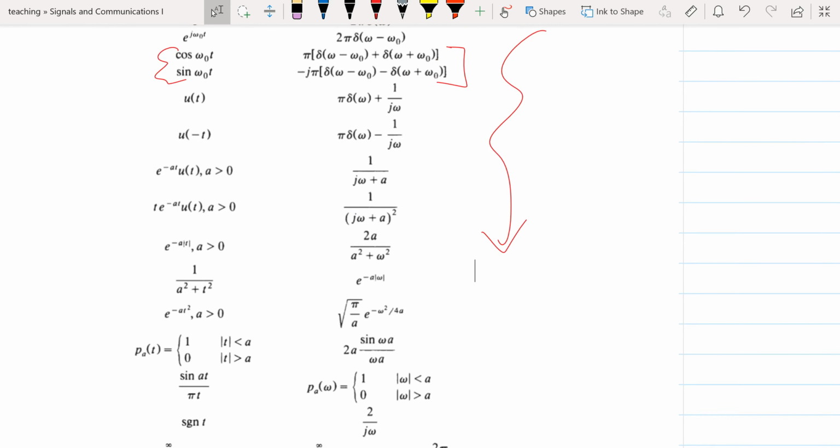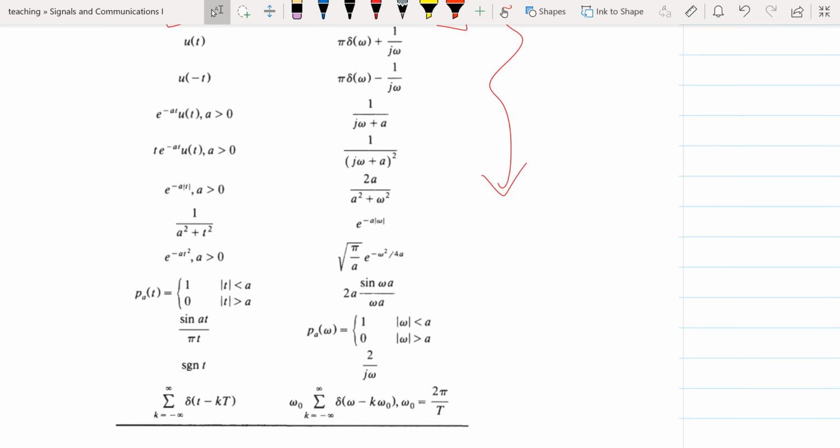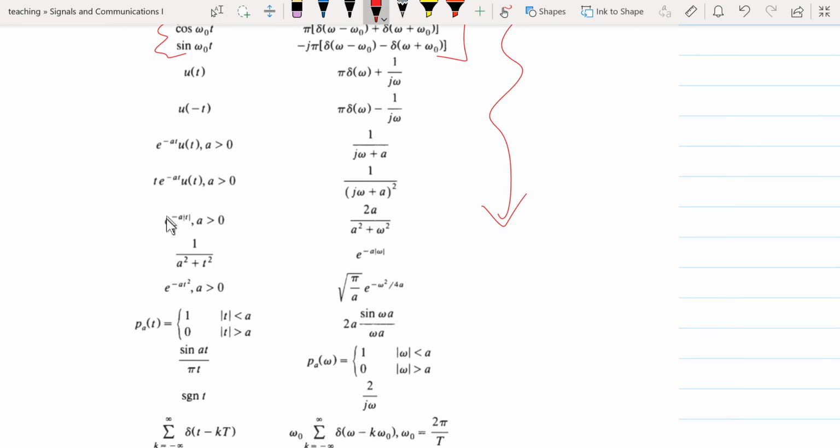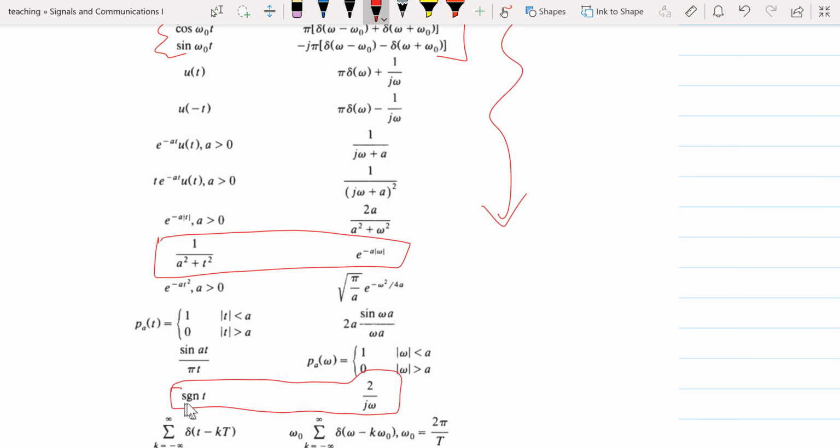So I think I will stop at that for this section, and give you some time to memorize and try to figure out how some of these things come about. Always be able to identify what kind of signal you are dealing with. Probably you might also need to identify some signals that we may not have discussed yet. This is called a signum function, and I think we have also met another one called the ramp function, if I can identify it.